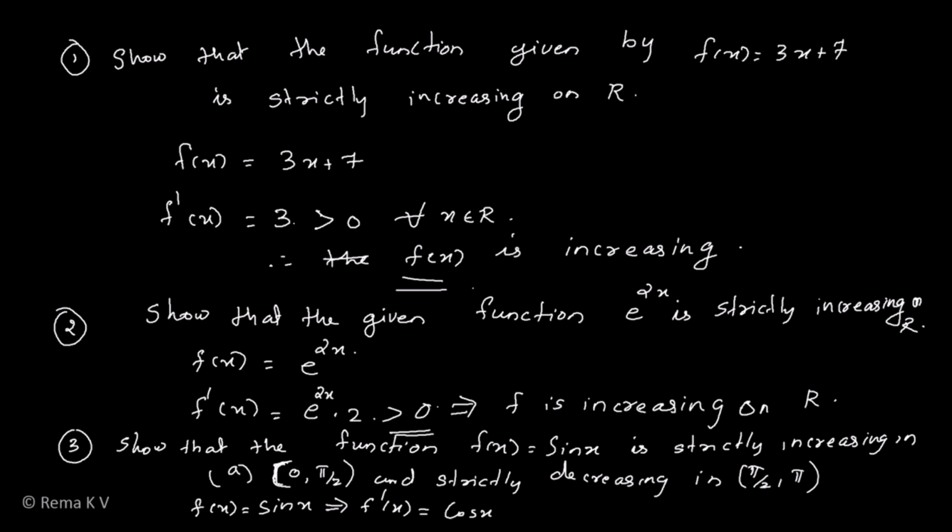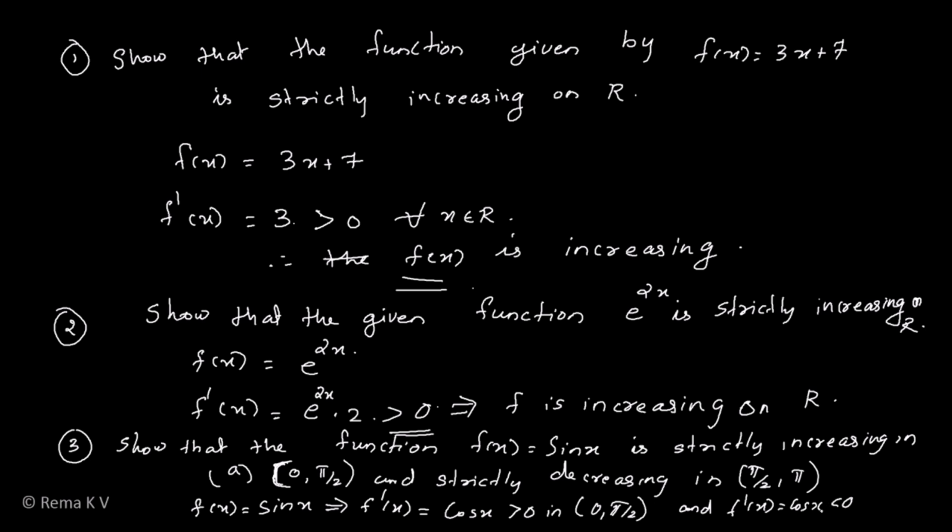And in (0, pi by 2), that means it is the first quadrant. You know that in the first quadrant cos x is positive. So f dash x is greater than 0 in (0, pi by 2), because in the first quadrant every trigonometric function is positive. And f dash x equal to cos x is less than 0 in the second quadrant, where cos x is negative.